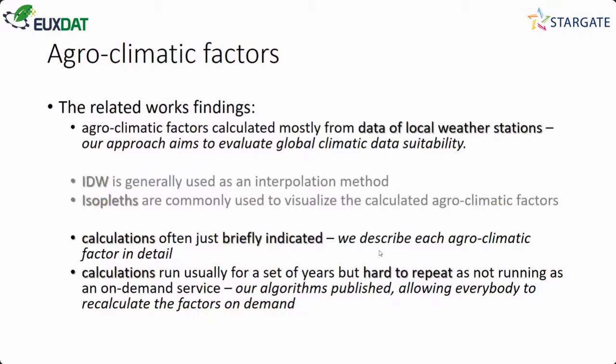Basically, it was a short description of what we want to achieve, and now I will go a bit more into detail. So when we start some research, we find some interesting facts which are here on the screen. First, usually these agroclimatic factors are calculated from local data, from local meteorological stations, for example.